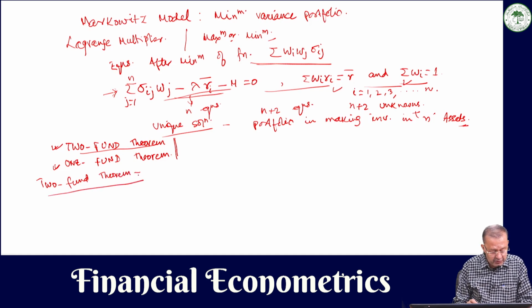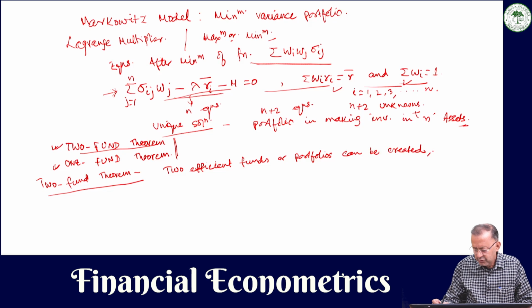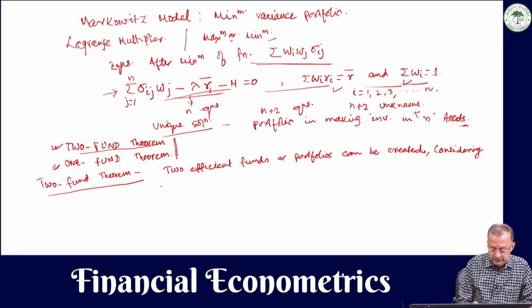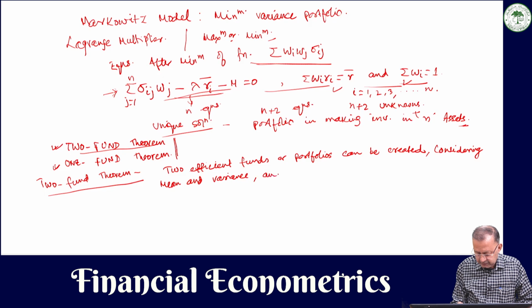The Two-Fund Theorem states that two efficient funds or portfolios can be created by considering mean and variance as well as the covariance, and all efficient investors need to invest in a combination of these two funds.